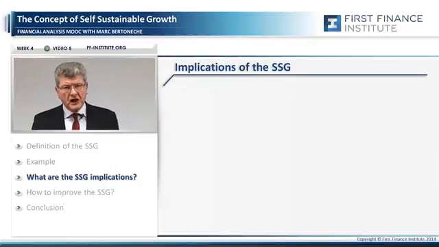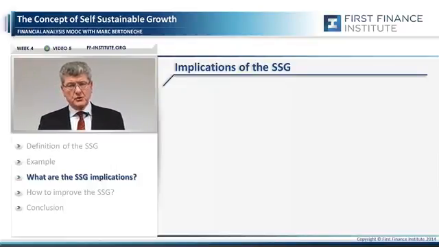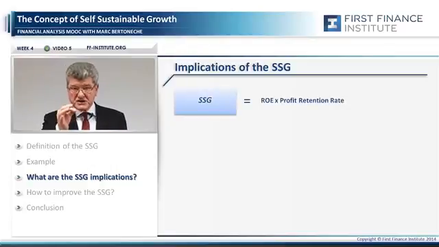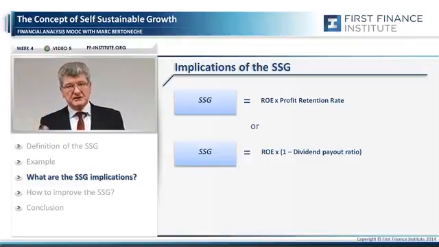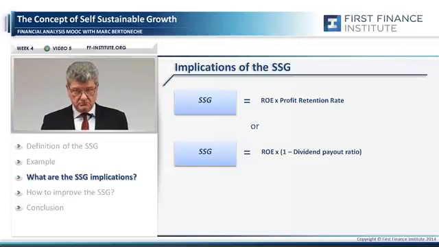So what is the formula of the self-sustainable growth? Self-sustainable growth is equal to the ROE, return on equity, multiplied by the retention rate. Or self-sustainable growth is equal to the return on equity multiplied by 1 minus the dividend payout ratio.